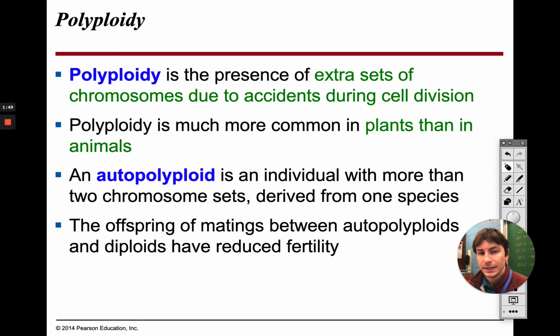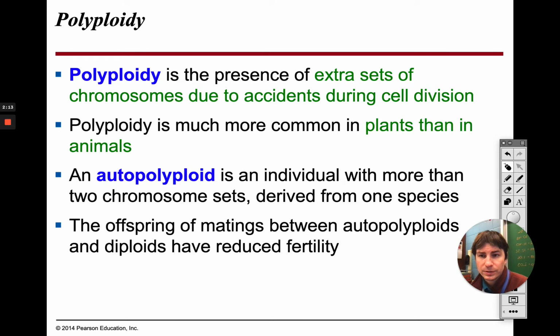Polyploidy is where we have extra sets of chromosomes. For our cells, we want to be diploid. If we are more than diploid, that's not good, okay? Two is the perfect number for our normal somatic cells. More than that, we are going to have some kind of genetic abnormality.